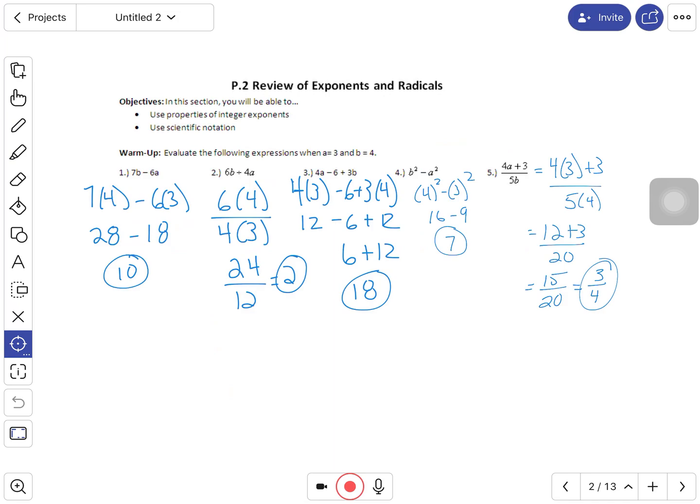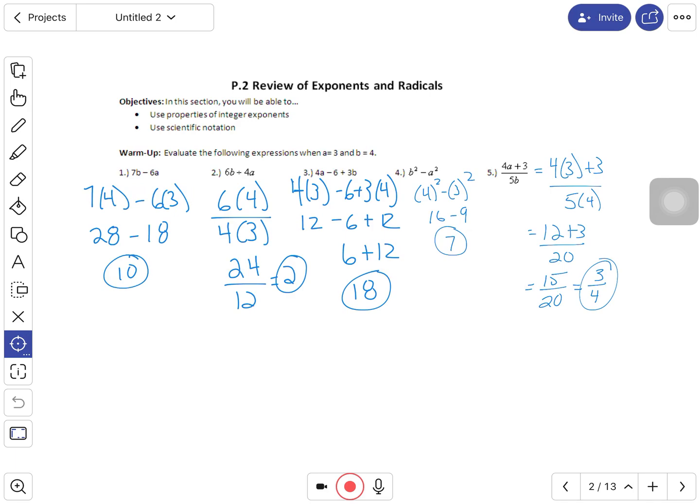Did you get them right? Here's hoping. Usually the one that causes the most trouble is part 5 there, because some of my students will try to reduce the 4s, like cancel this 4 and this 4.